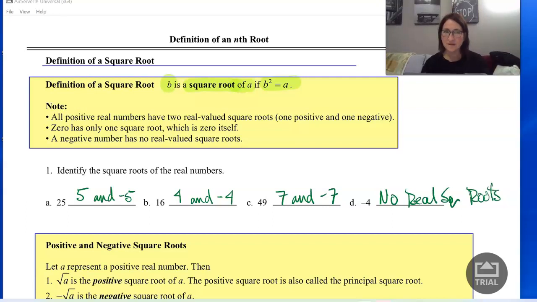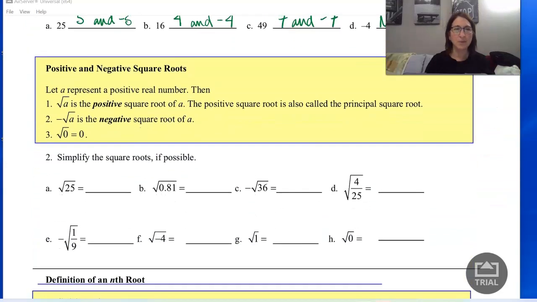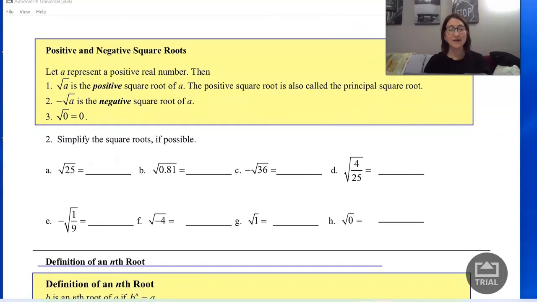Okay, so now let's move on and talk about both the positive and negative square roots. We just identified them. So if I'm taking the square root of a, that means I'm looking for the positive square root of a.